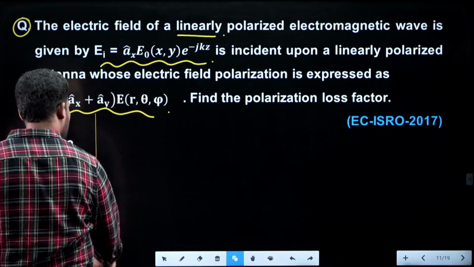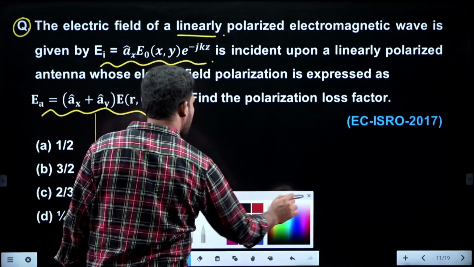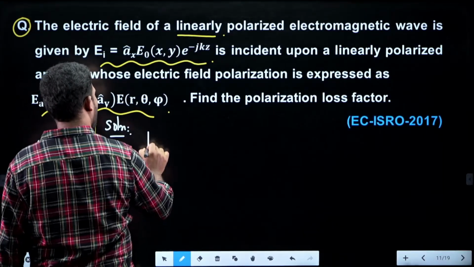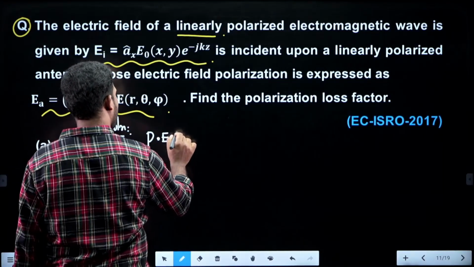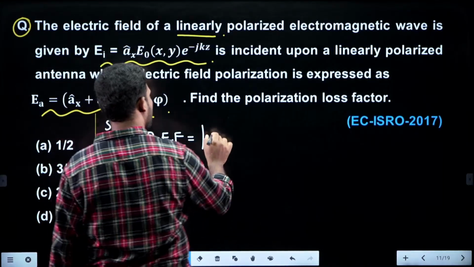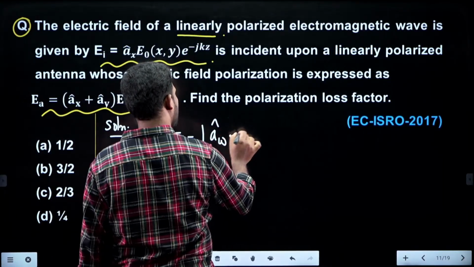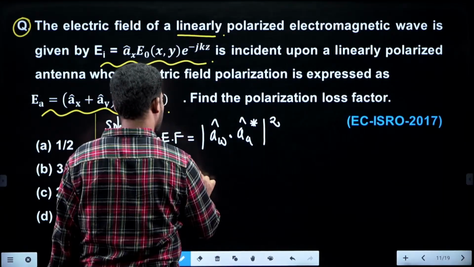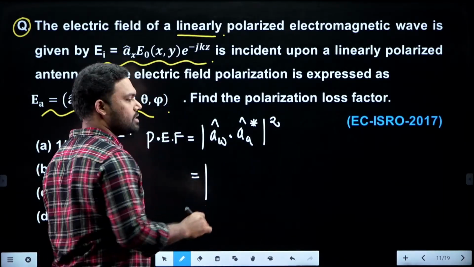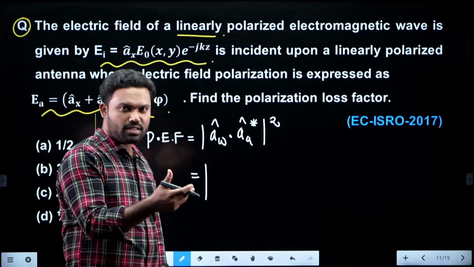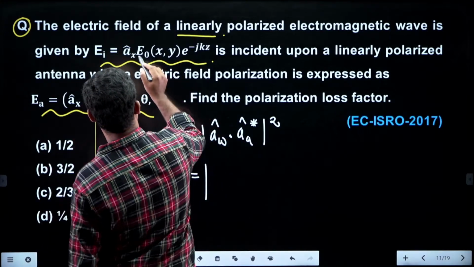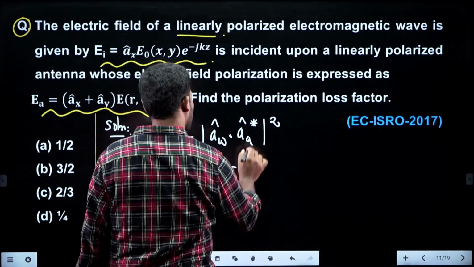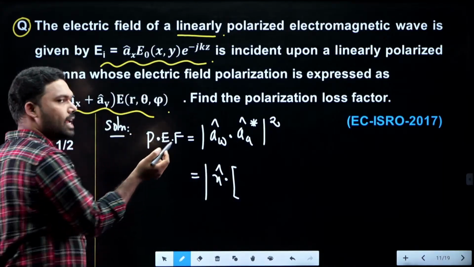The polarization efficiency factor is equal to the magnitude of a_w dot a_a conjugate, magnitude squared. Here a_w is the unit vector associated with the polarization of the incoming wave, which is x cap, and it is a real part, so the conjugate has no meaning.